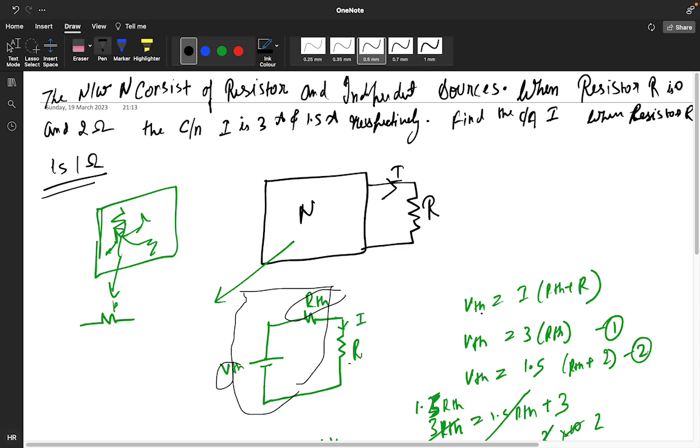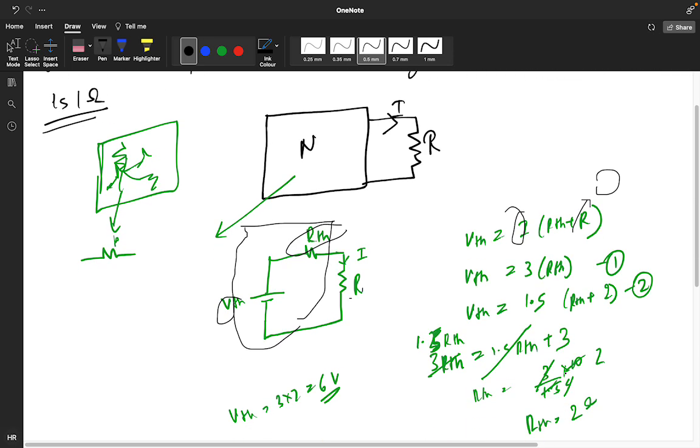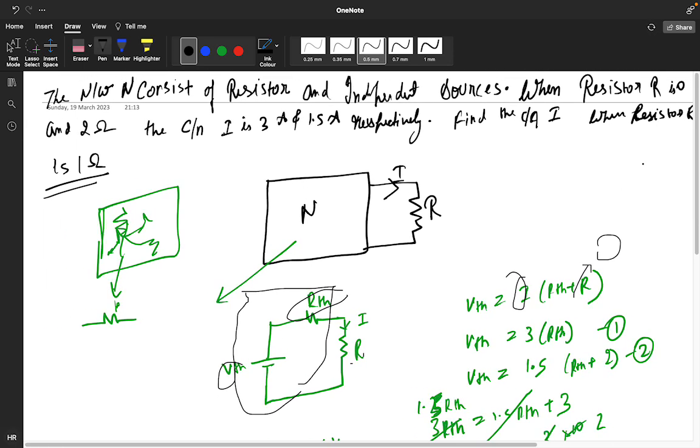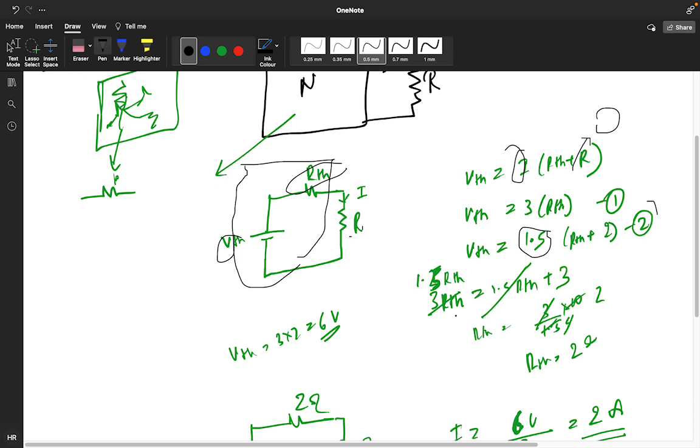So if I apply KVL, I will get VTH is equal to I (RTH plus R). In the question itself they have given R is 0. When your load resistance R is 0, you are getting a current of 3 ampere. So I get the equation VTH equals 3 into RTH. And again they said, when R is 2 ohm, you will get the current of 1.5 ampere. Now by using equation 1 and equation 2, you will get the values of VTH and RTH.